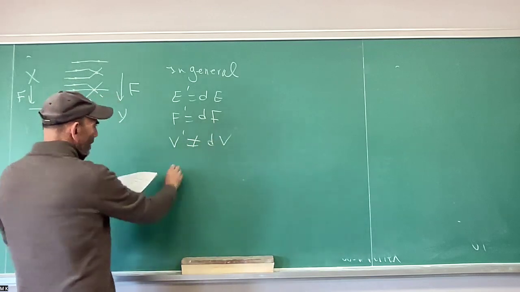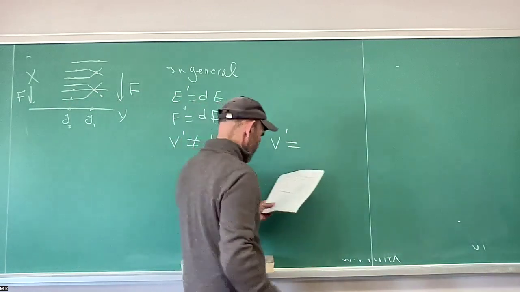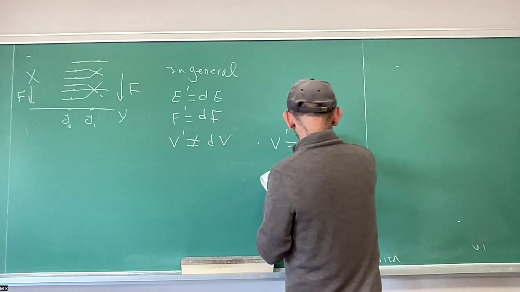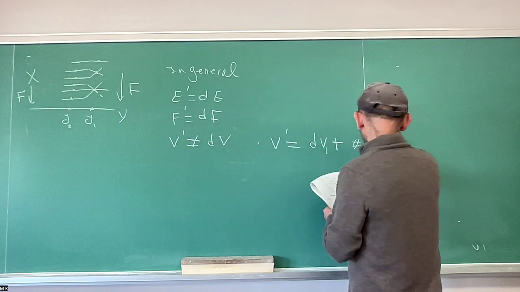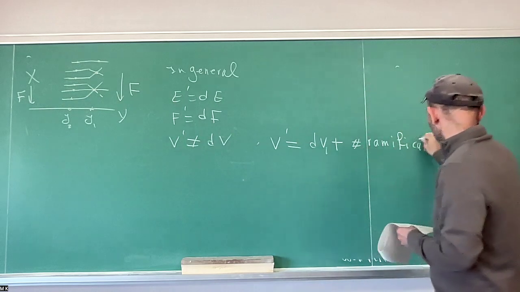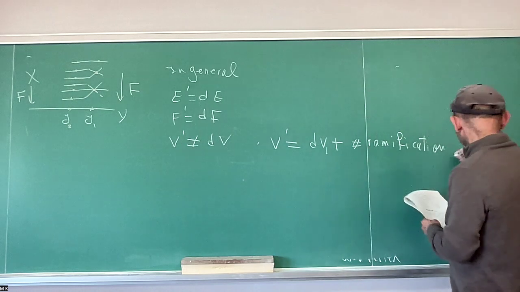In fact, V prime is equal to dV1 plus the number of ramification points.